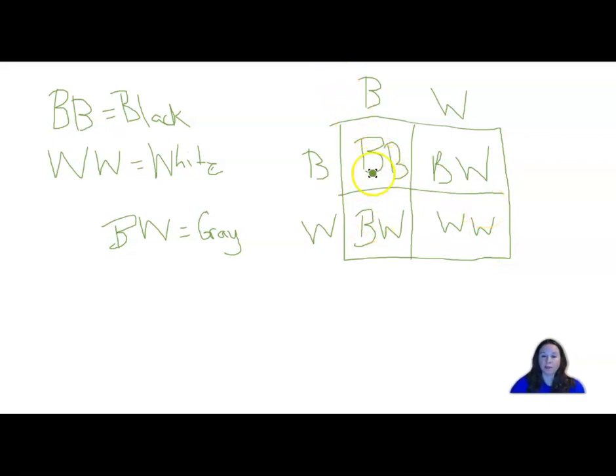Well, 1 out of the 4 boxes is black. Or I could say 25%, so 1/4 or 25% black. Notice that 2 out of the 4 squares, or half of them, or 50%, are gray. And then 1 out of the 4 squares, or 25%, are white.